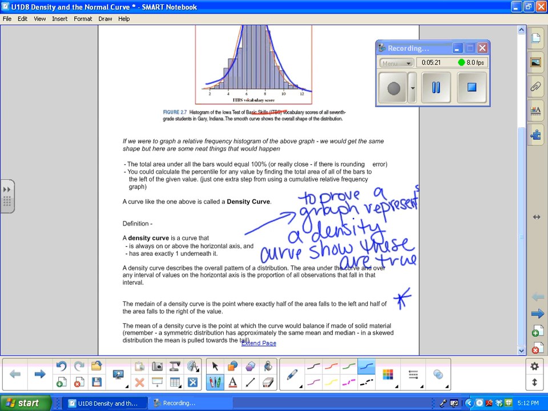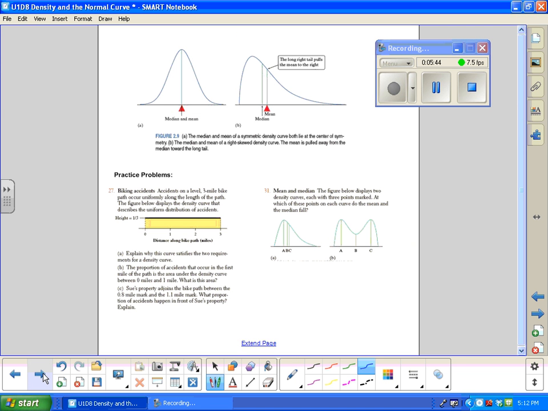Generally, the rule for me when I'm looking at a density curve is that if it's a symmetric distribution, the mean and the median will be in approximately the same place. And for a skewed distribution, the mean is always closer to the tail. That's a better way of discerning between the mean and the median. So here we have two examples.